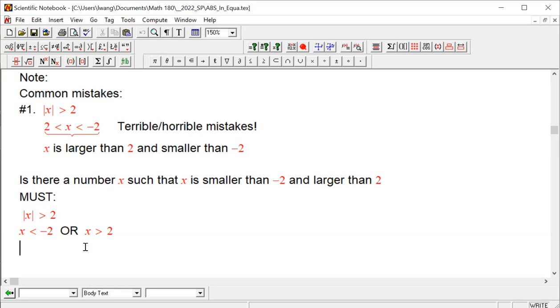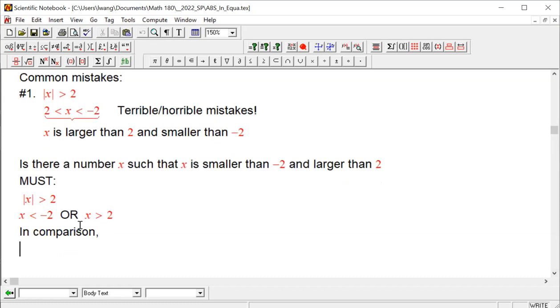Okay, now in comparison, when we have absolute value less than 2, remember when we talked about that, the solution would be x is between -2 and +2.